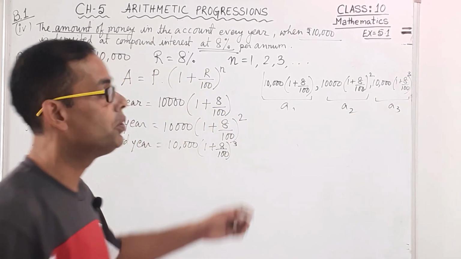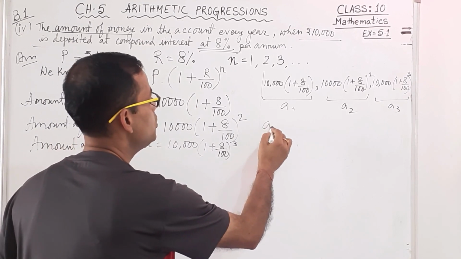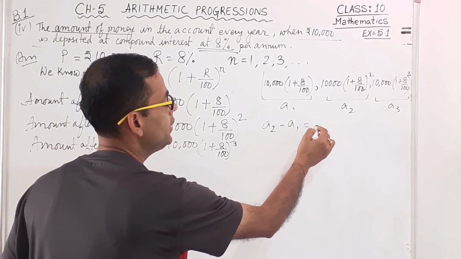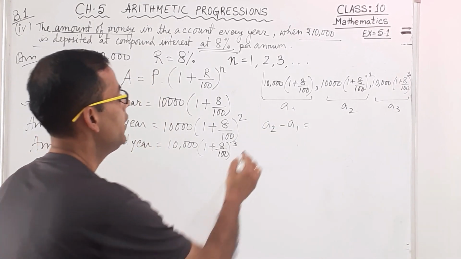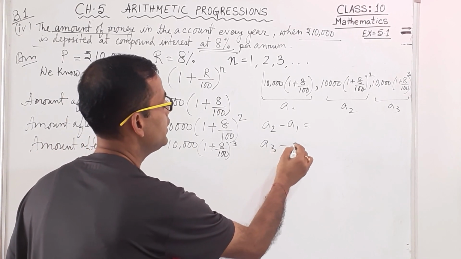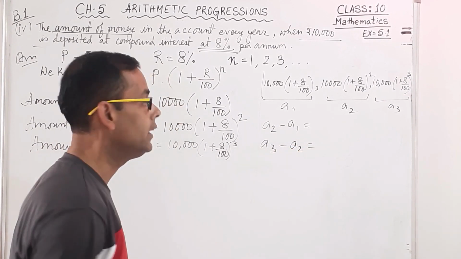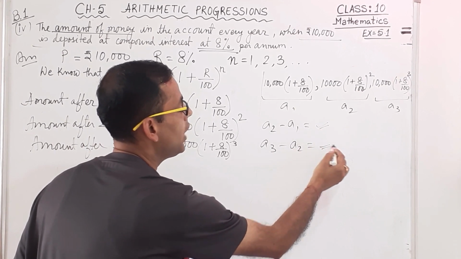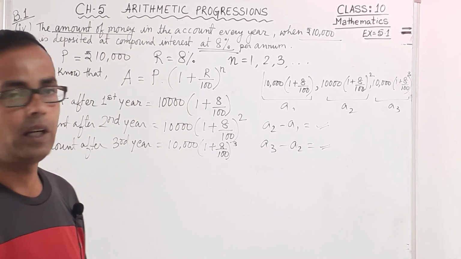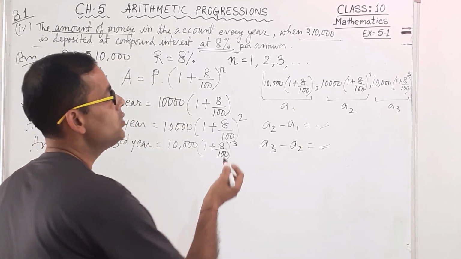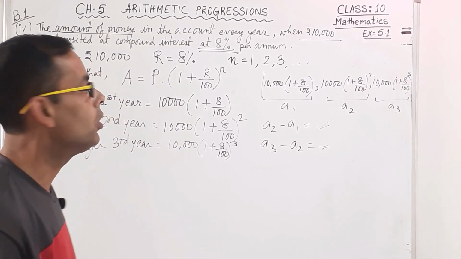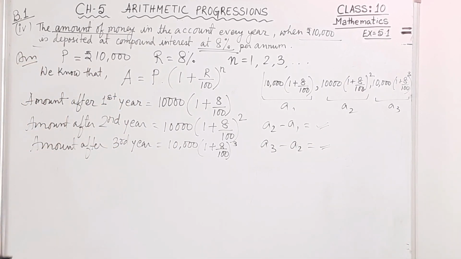Now here also, if you subtract A2 minus A1, you will get something. If you subtract A3 minus A2, you will get something. Now these two values are not same. Understanding or no? Why these two values are not same? Because you are finding out compound interest.